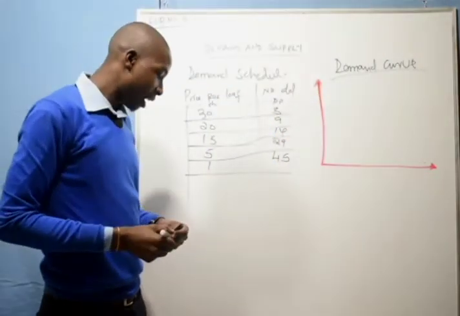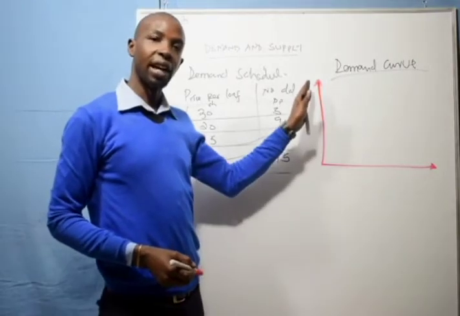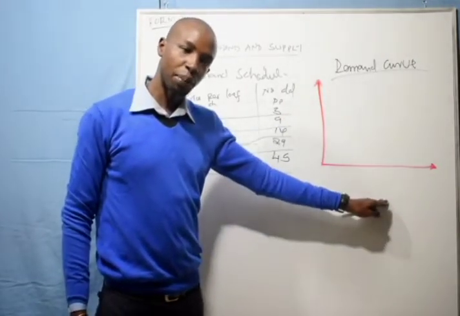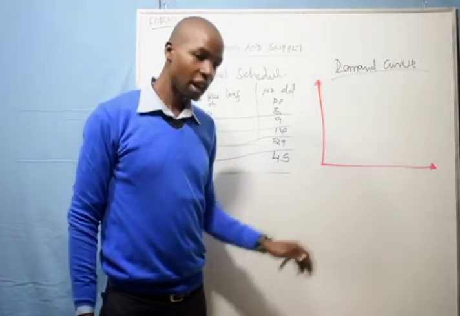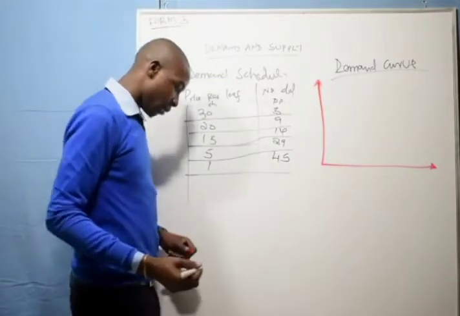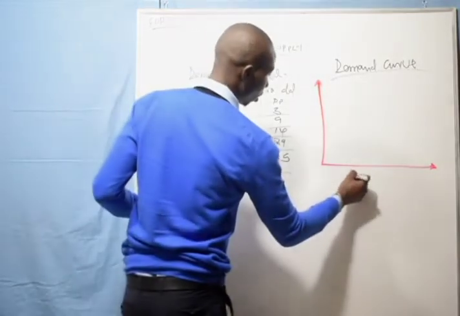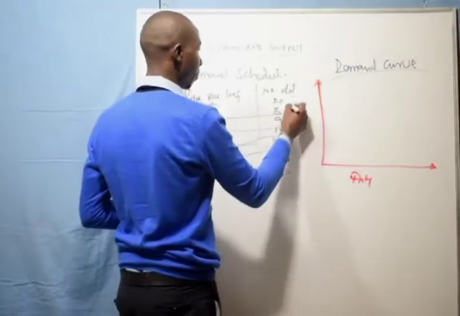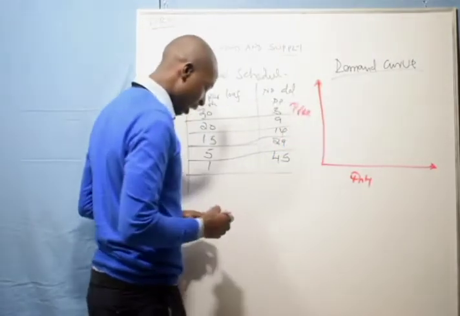You are going to have the price on the vertical column and the number of people that demand it on the horizontal column, where we are going to have quantity demanded, and then here we have the price.